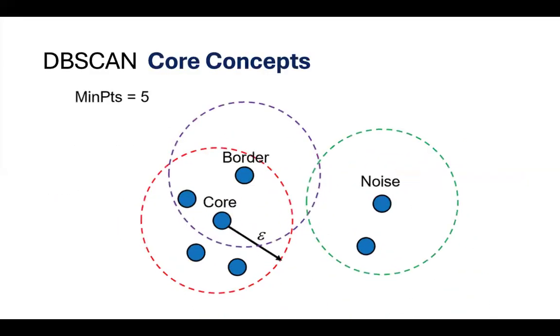Here we define a core with a radius, epsilon, and also a border. Some points could be border points, and there are also points that are noise, not correlated with the core. This is the important thing about this algorithm.